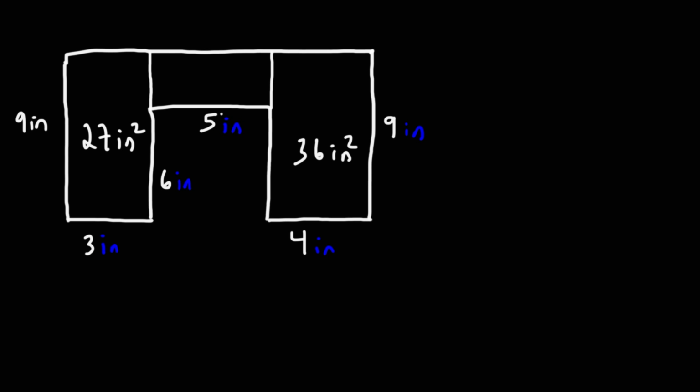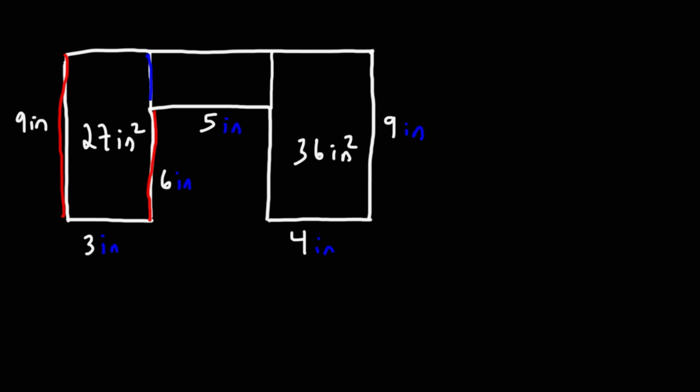Now for the rectangle in the middle, we have a length of 5, but we don't know what the width is. Now if this part here is 9 inches and this is 6 inches, how long should this side be?